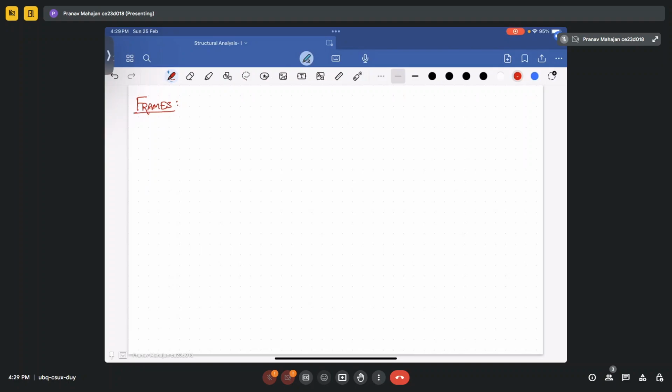Now the configuration is correct. Let me come back. So how can we differentiate between the frames and the trusses? In a truss, load cannot be at the middle of the member.